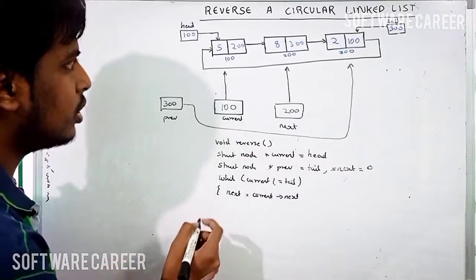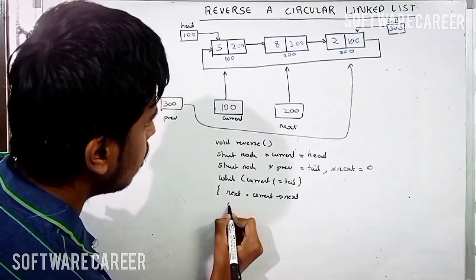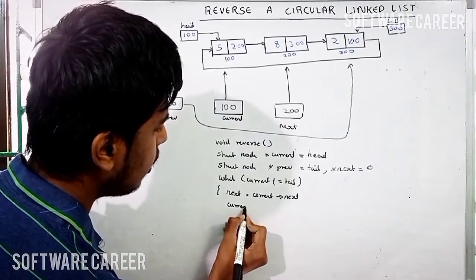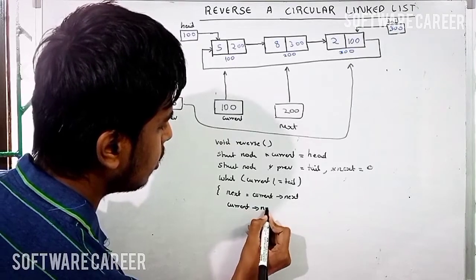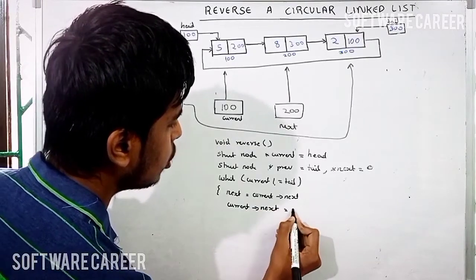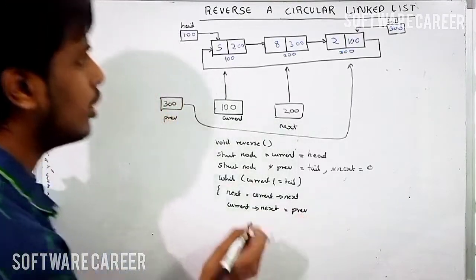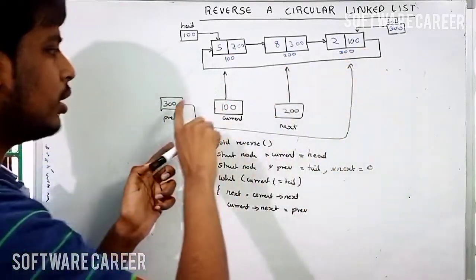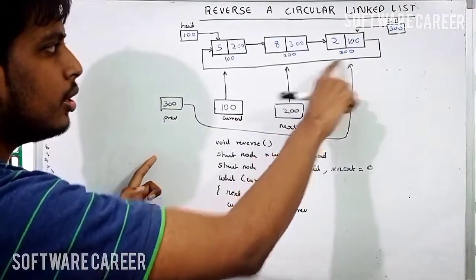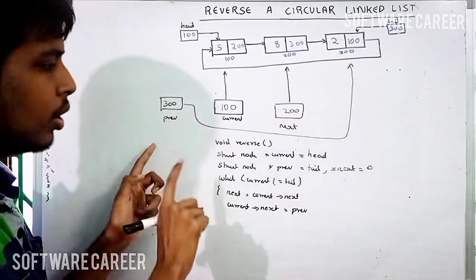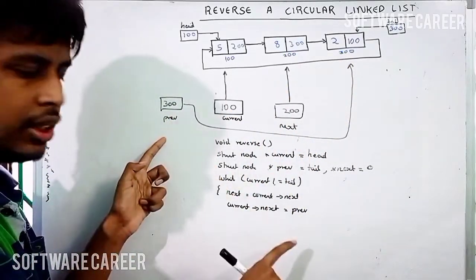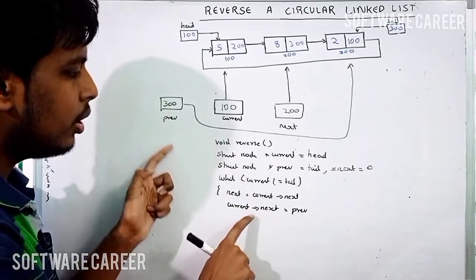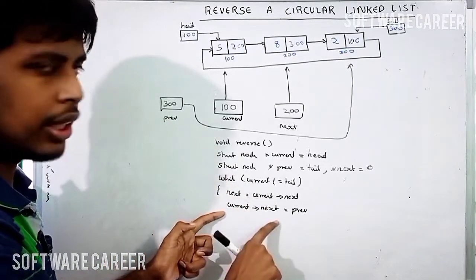So I am writing the code. See here, current next equals previous. Now see, in previous you have the address of the last node. 300 is stored in previous, so you can access it through previous. Now that 300 should be stored in current next.